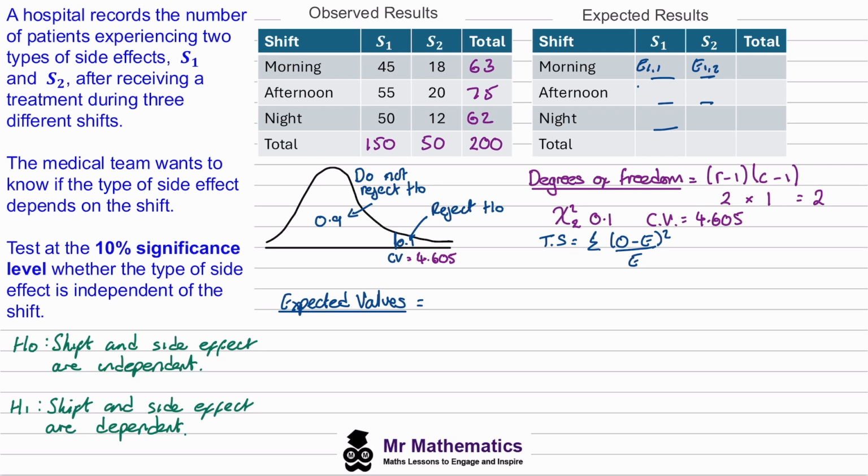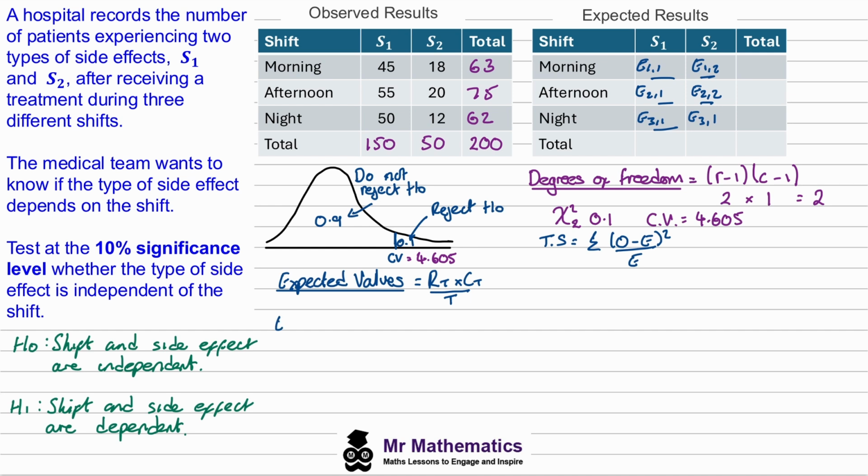and so on. And to work out the expected values, this has the formula of the row total multiplied by the column total divided by the overall total, and this will be 200. So if we work out the expected results for the number of S1 side effects in the morning shift, I'm just going to need to move this up.